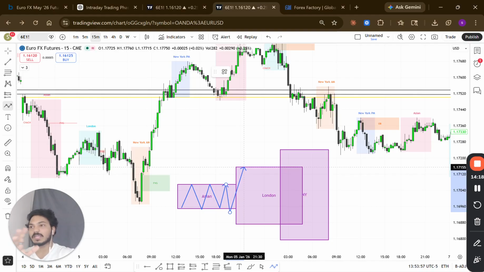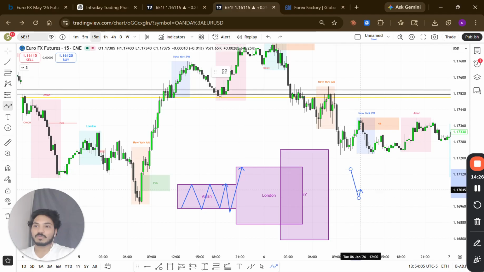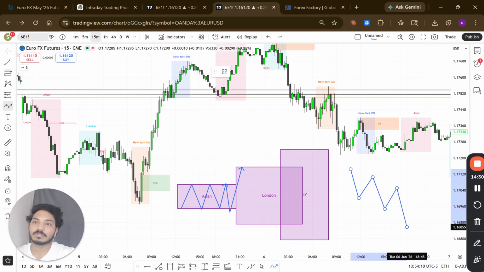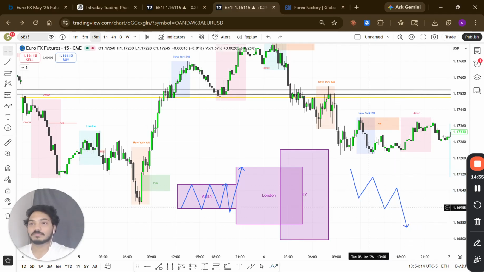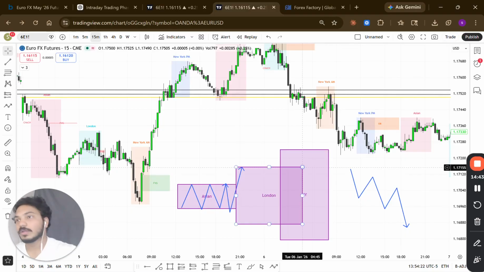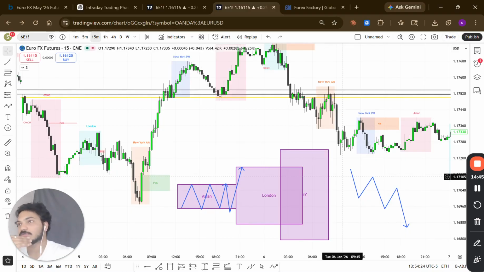It can be either, but in bearish conditions we make lower highs and lower lows. Lower low, lower high, lower low, lower high, lower low. Again, this is the bearish condition, right?